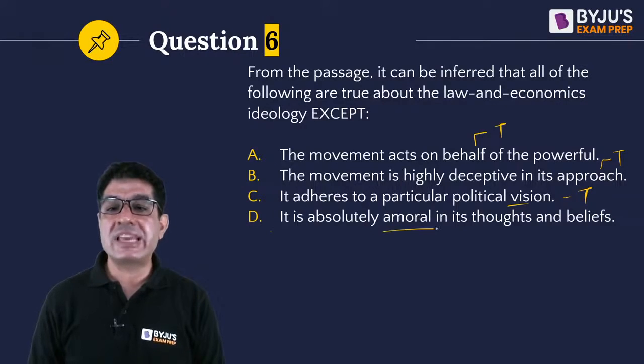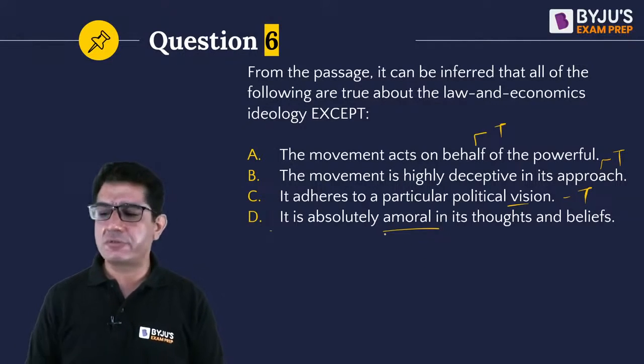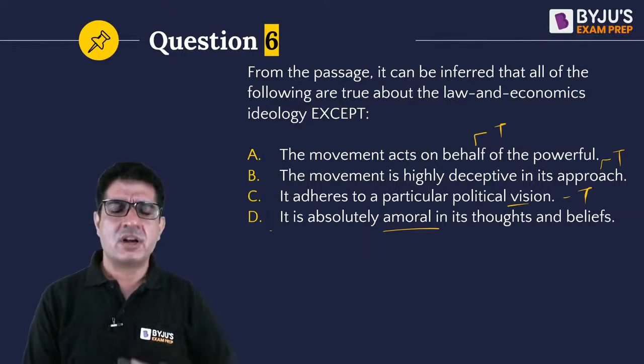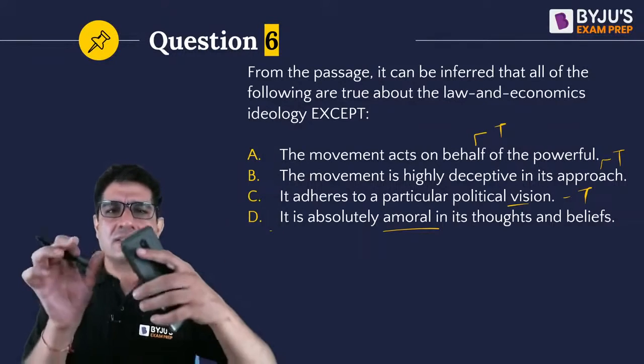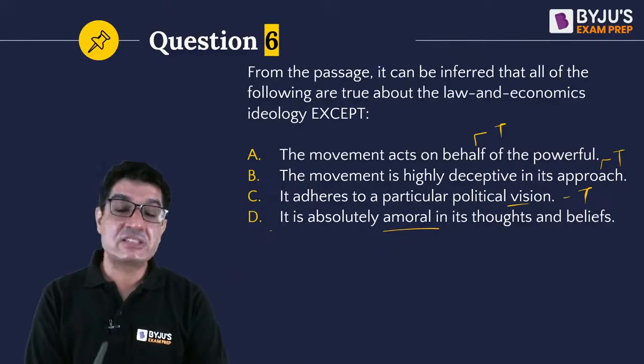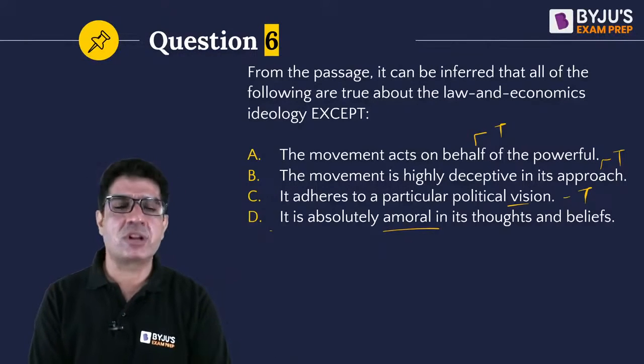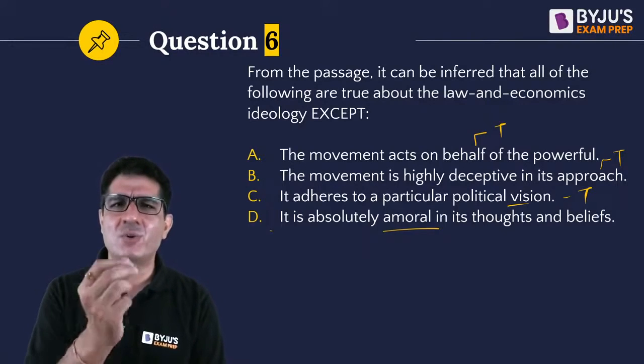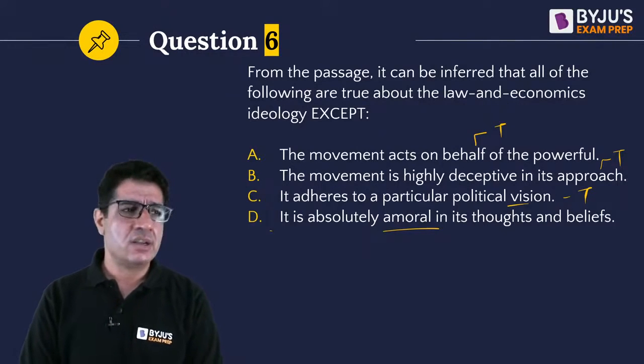D, it is absolutely amoral in its thoughts and beliefs. What is amoral? Amoral is something for which morality does not apply. For example, let us say that I have my phone lying around. A grown-up comes and picks it up and leaves. Then he is trying to steal it. That is an immoral act. But imagine a young child, let's say a 2-year-old, 3-year-old child.